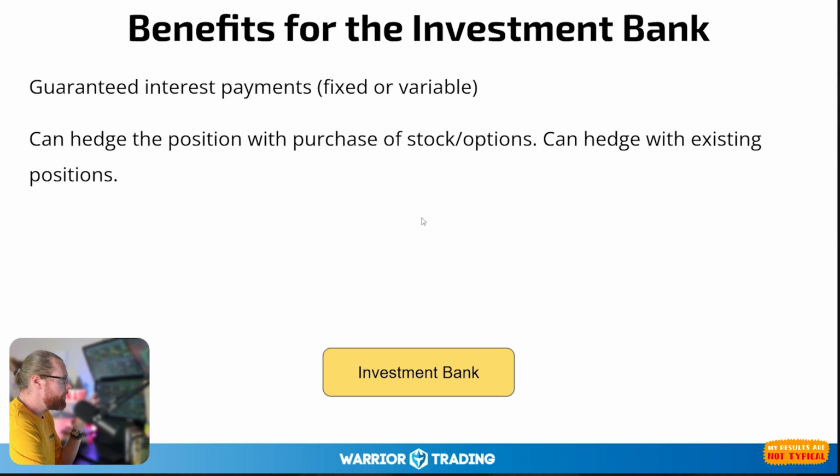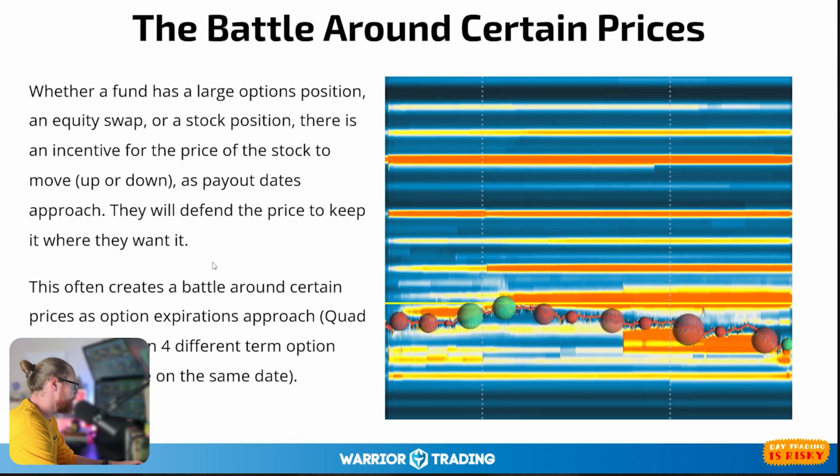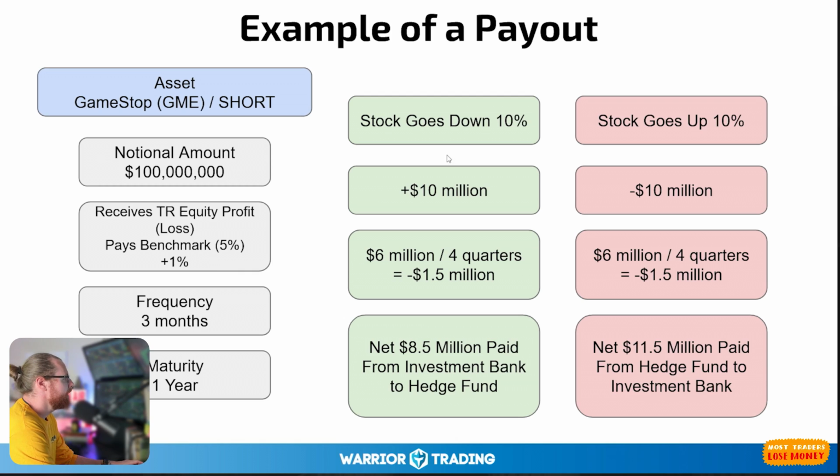With these equity swaps, as we look at our term sheet here, just to give you the basic idea, a lot of these are going to be based around a very specific price. And they're based on the frequency of when they make the payouts. So if the payouts are every month, or every 3 months, or once a year, around the time we get to a payout period, there's going to be a little bit of a battle.